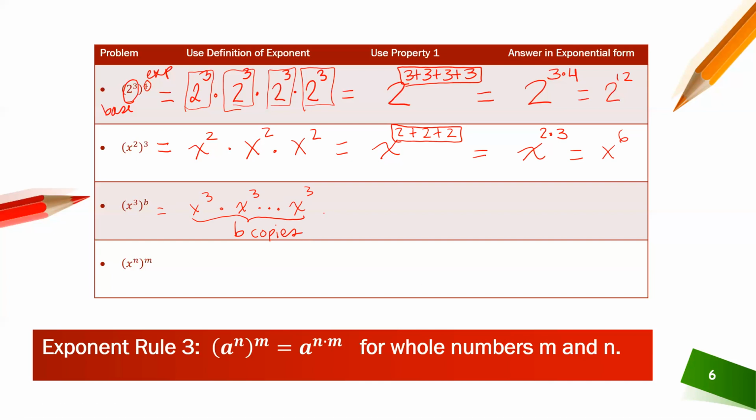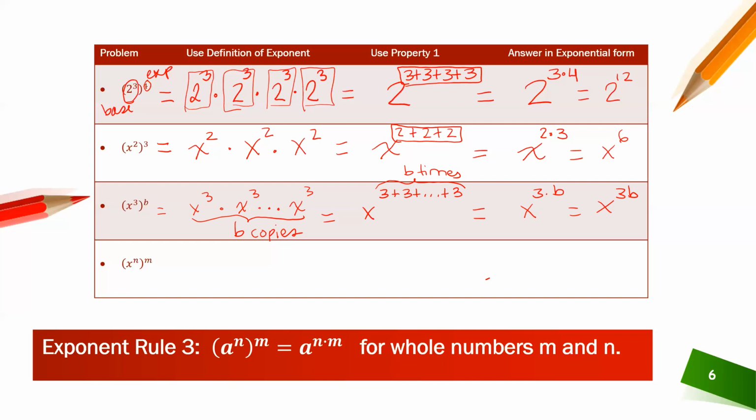Now this is going to equal, the base is x, the exponent is 3 plus 3 plus 3, and so on. We would repeatedly add that b number of times, and repeated addition is multiplication. So you have x to the 3 times b, which is x to the 3b.